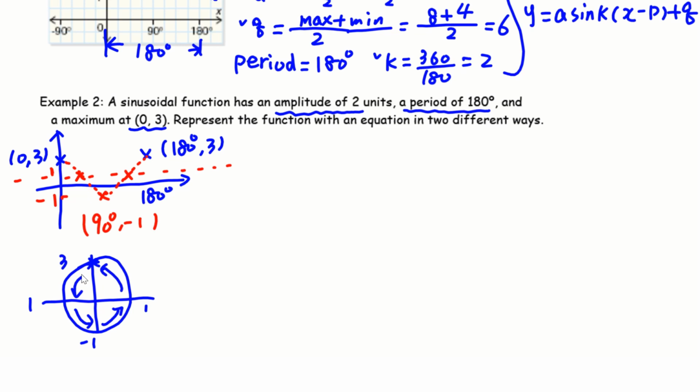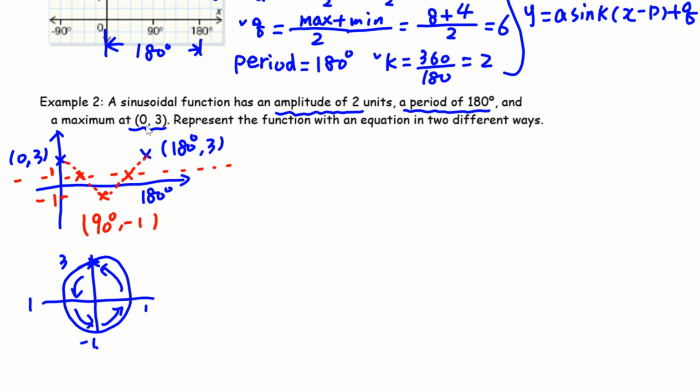So from this (0, 3), rotate 180 and it will go back to 3. After the half of the period, it will give you -1. The quarter point will be the middle. So this is how you graph this one.